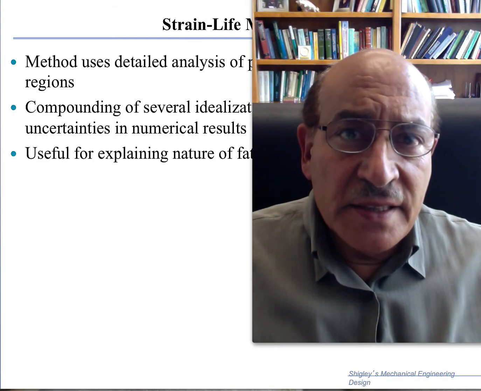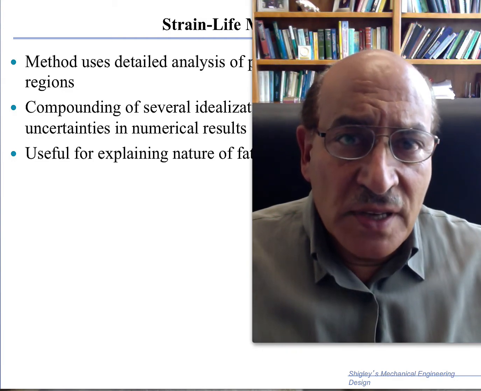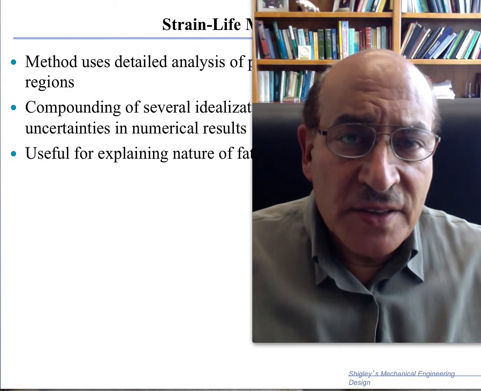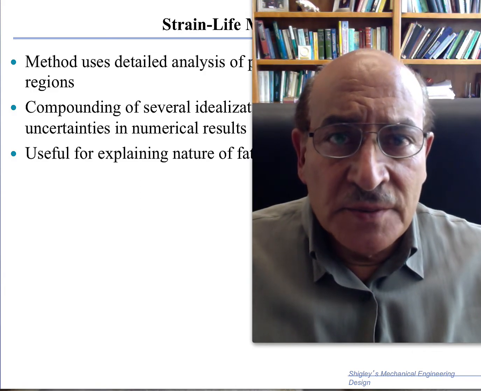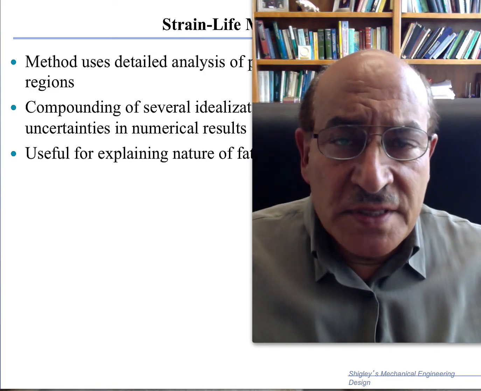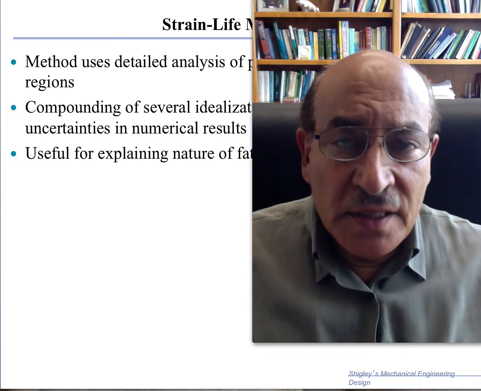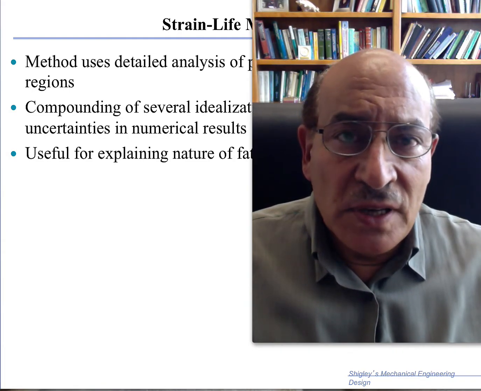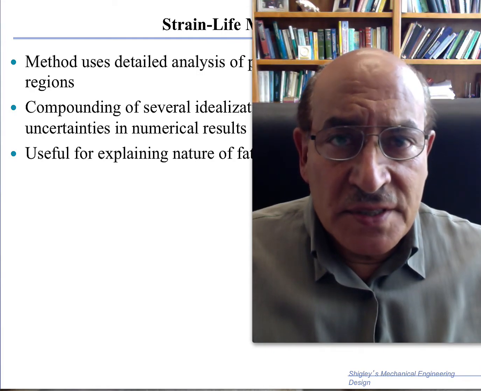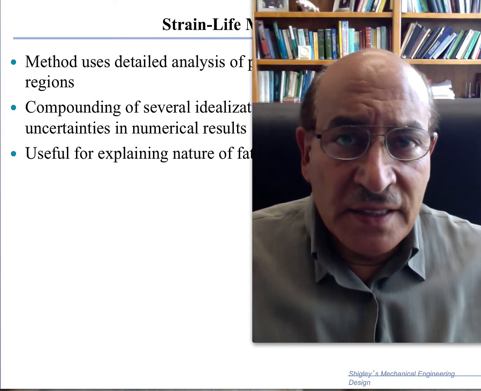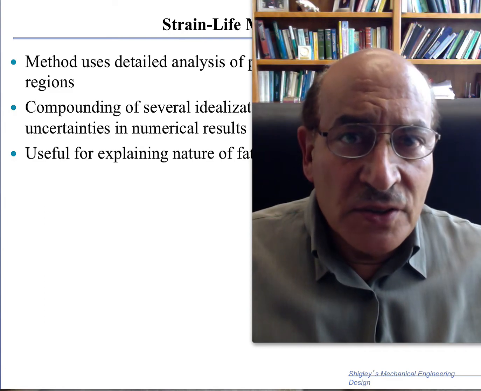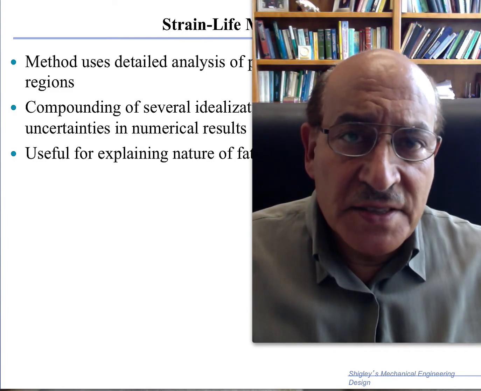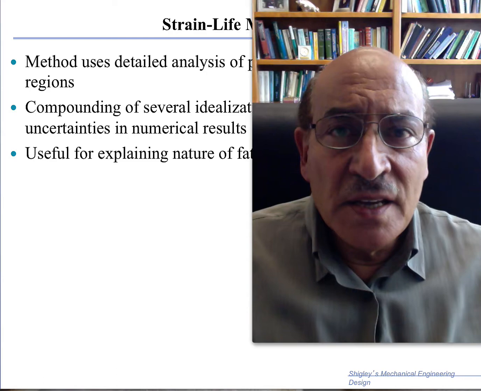The second is what I will cover here, the strain life method, and it's generally important when we discuss low cycle fatigue, when the lifetime is generally below 1,000 cycles. For example, a takeoff and landing gear assembly that goes through these cycles and then fails after 1,000 cycles.